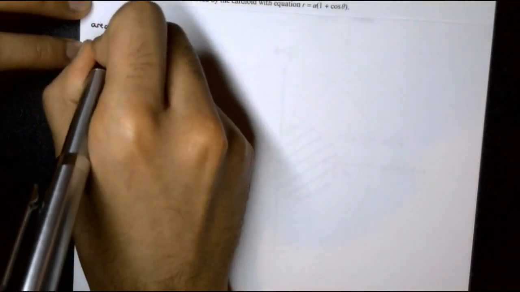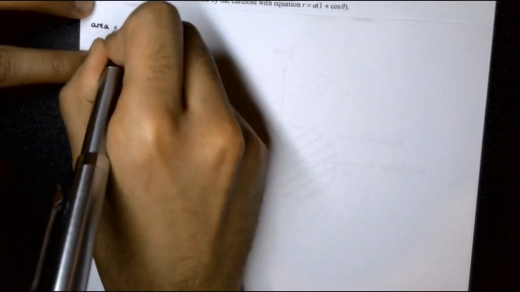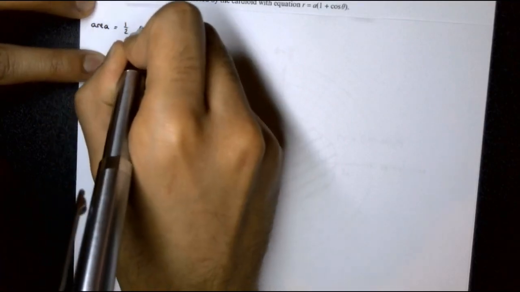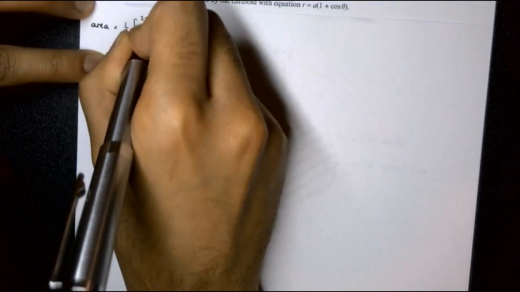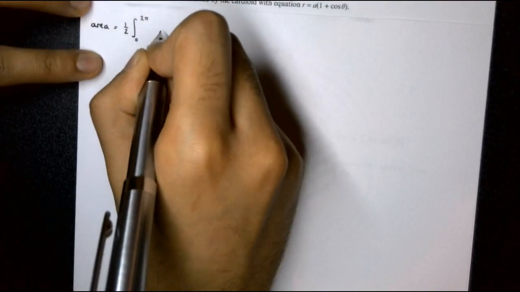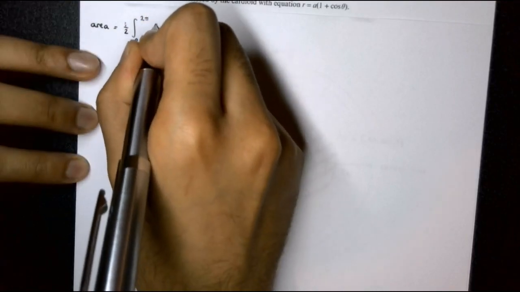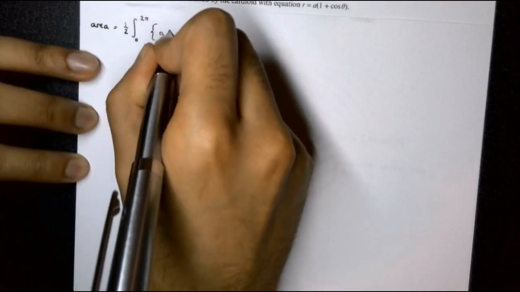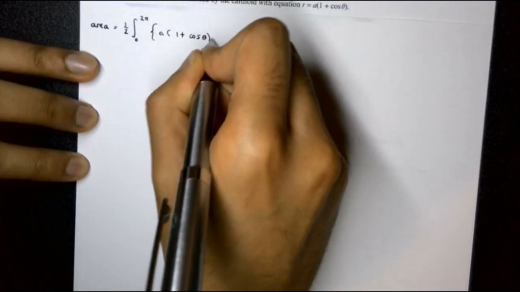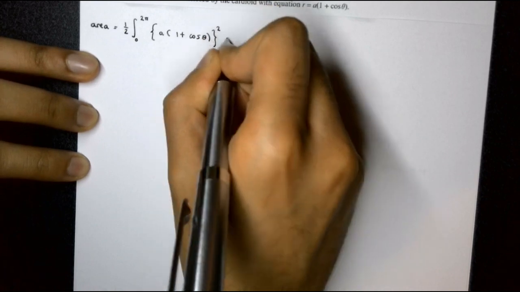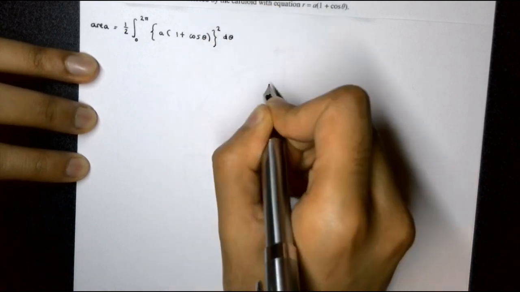So the area that's equal to 1/2 lots of the integral from 0 to 2 pi of a lots of 1 plus cos theta all squared d theta.